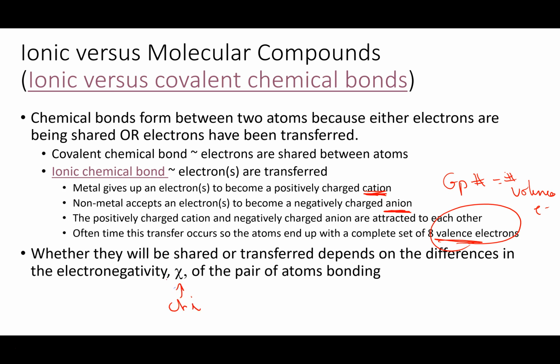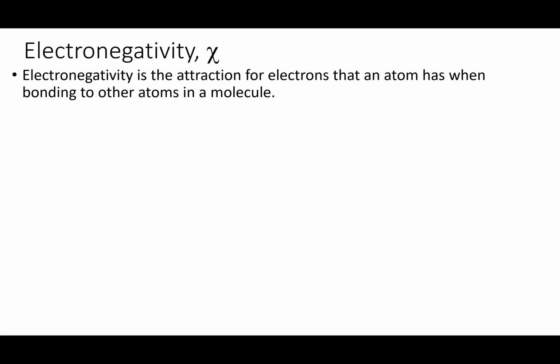When I talk about electronegativity, I really think of a tug of war. He talked about electrons being shared equally or unequally. If they're being shared between 2 atoms, you know that you have a covalent bond instead of an ionic bond.